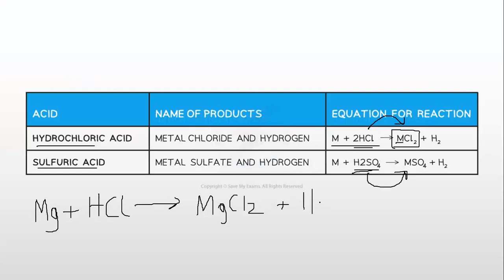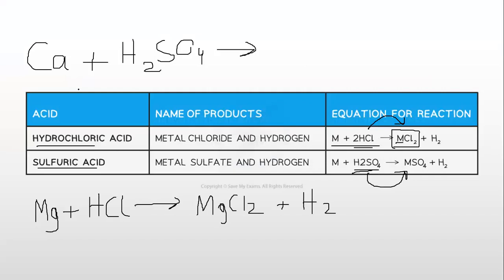Hydrogen. ठीक है, एक और करते हैं. Let's say if I give you a calcium metal and I tell you to react it with an acid. Calcium is a metal, reacts with sulfuric acid, H2SO4. Can you now tell me what is the salt produced? Calcium sulfate, exactly. CaSO4 plus hydrogen. So this is how you react metals with acids.